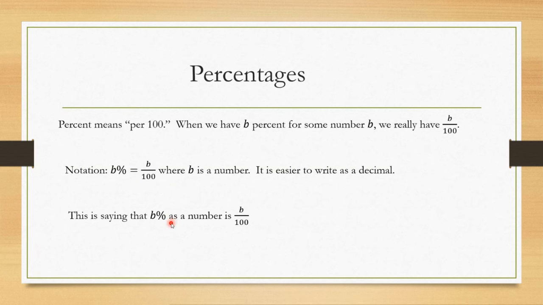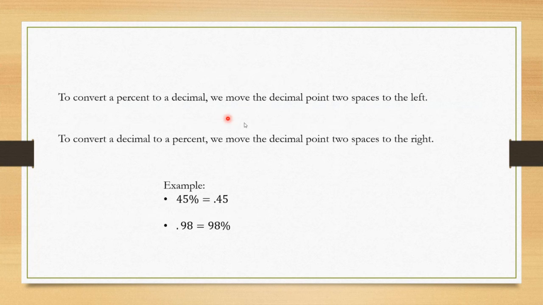Okay, that's the idea with percents. We're going to see how to work with them. We have this B percent as a number is B over 100, where B is just a number. When you have B over 100, that's the same thing as moving the decimal to the left 2 spaces. To convert a percent to a decimal, as I have in the examples, you move the decimal point 2 spaces to the left.